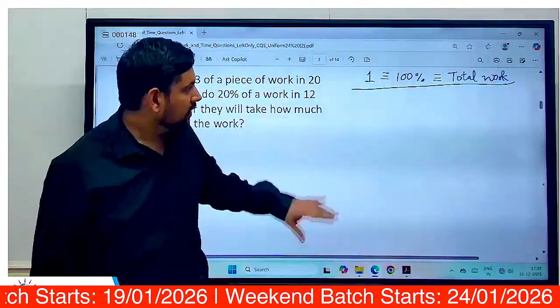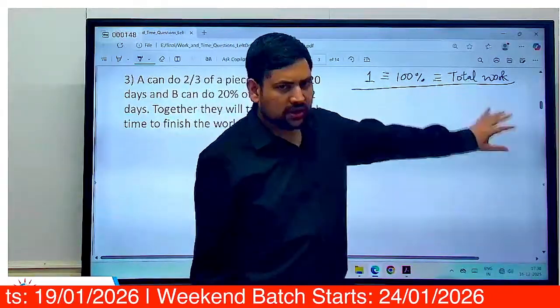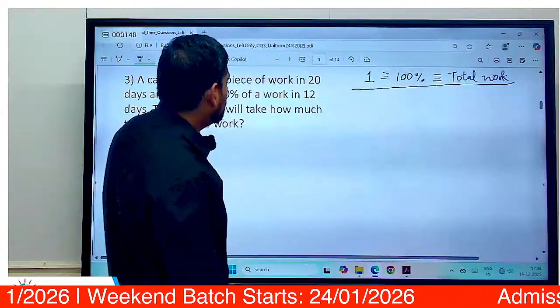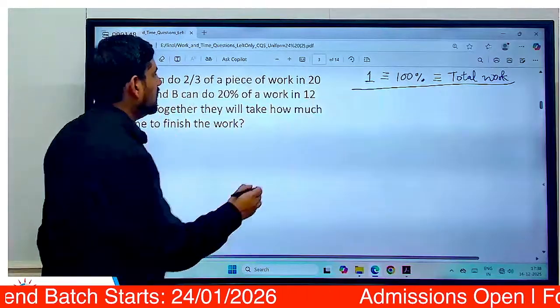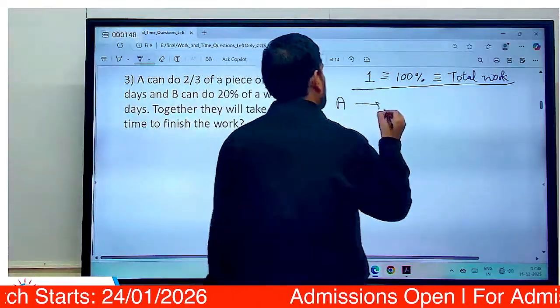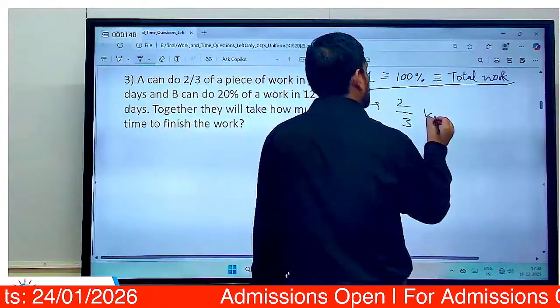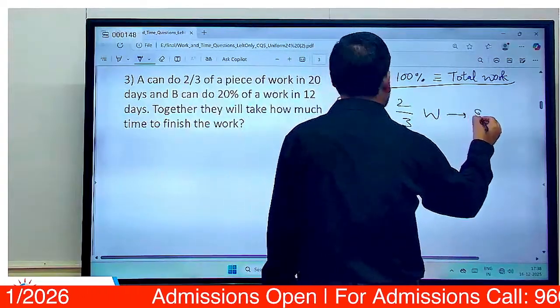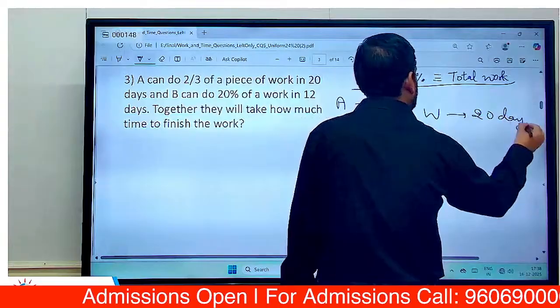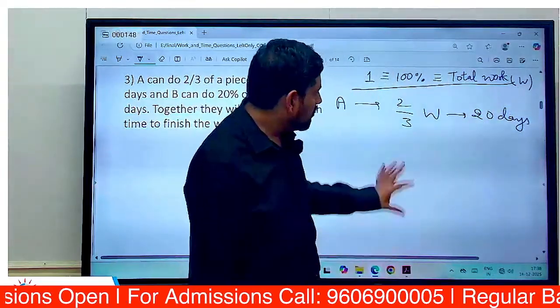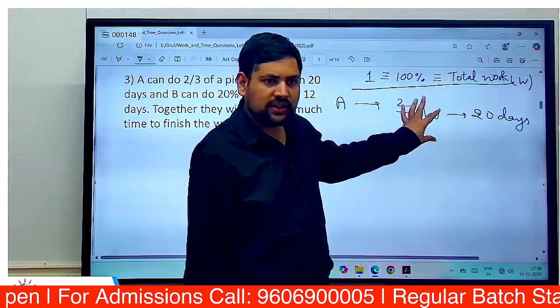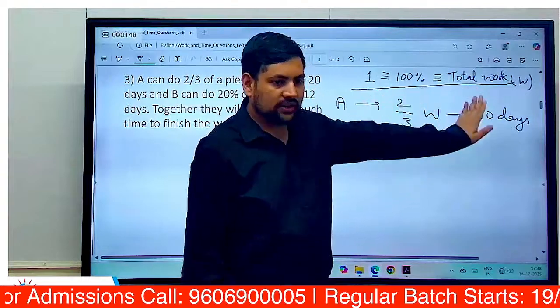Okay, 1 is equivalent to 100% or total work. Now, we will first try to get how much time A will take to complete the work. So, let's do it for A. A does 2 by 3 of the work in 20 days. Total work, let's say I call it W. Then, in how much time he will complete this work W. So, I will send 2 by 3 on that side.